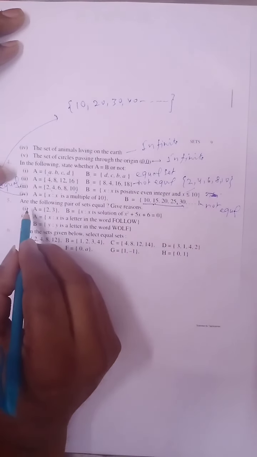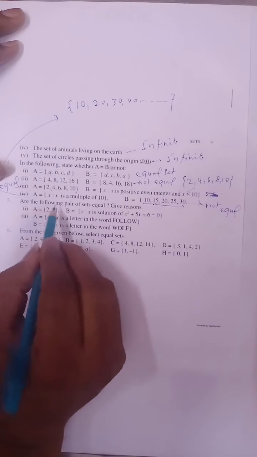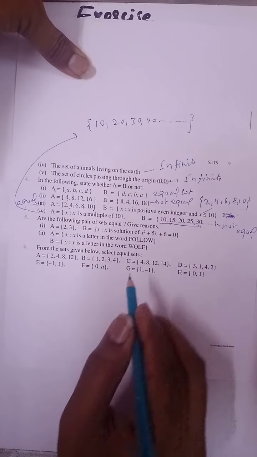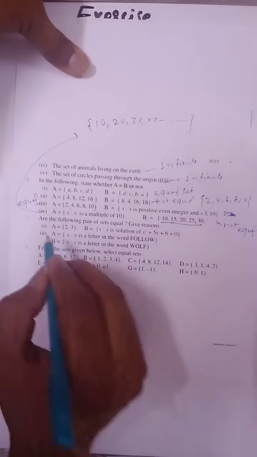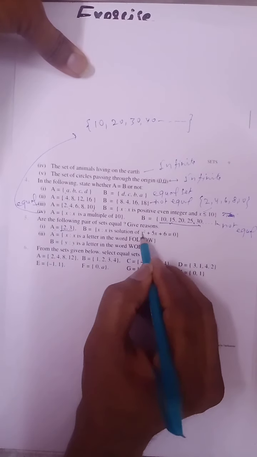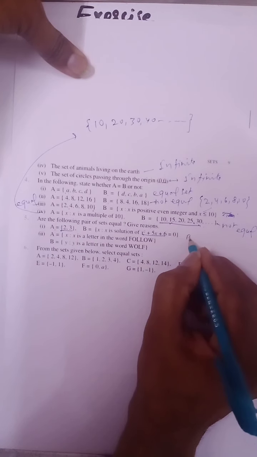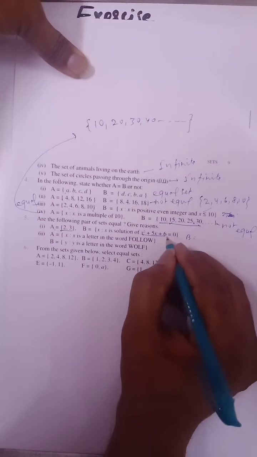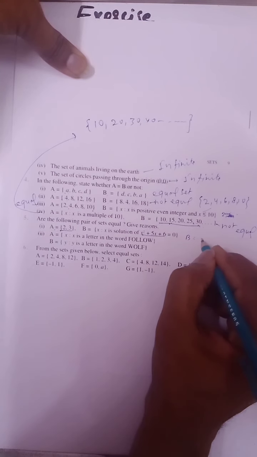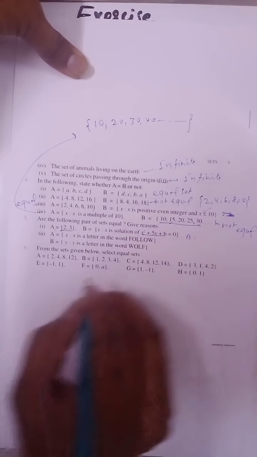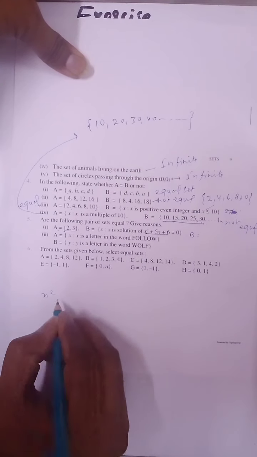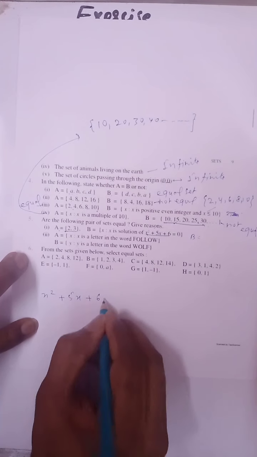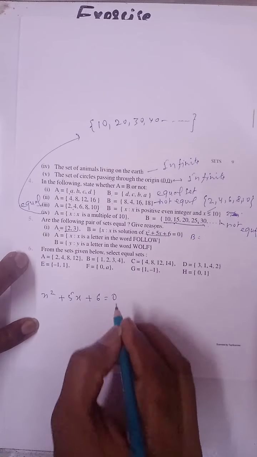Similarly, the fifth part. Are the following pair of sets equal? Give reason. A is this and B is this. Here I am solving B. You have to split the middle term into the factors. So x square plus 5x plus 6 equals 0.